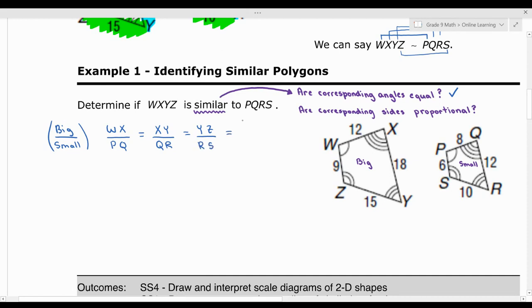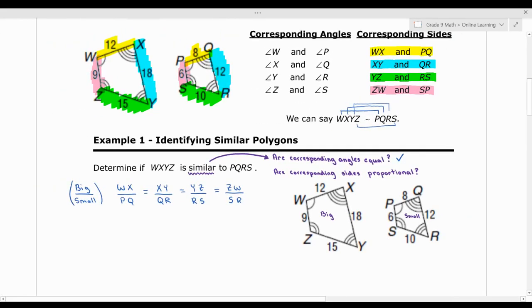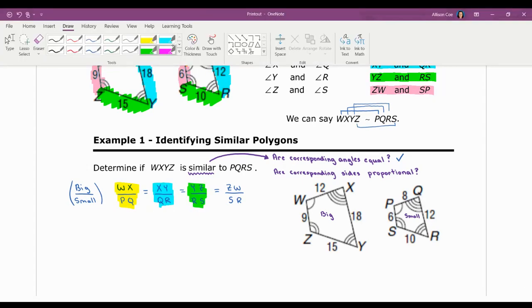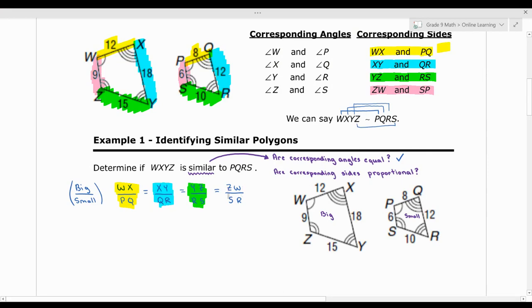And finally, side length ZW, corresponding to side length SP. If you want to go back up in terms of color coding, this was my yellow piece, then I had the blue, then my green, and then my pink.